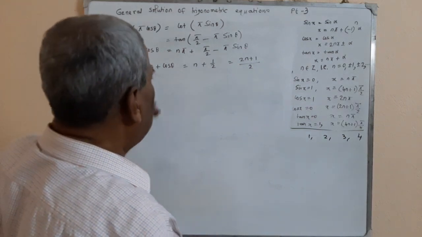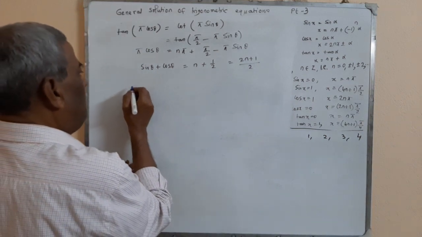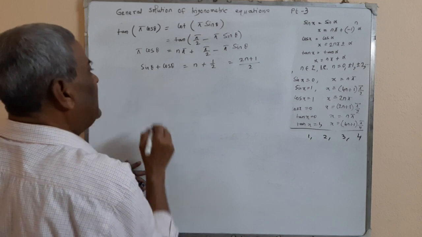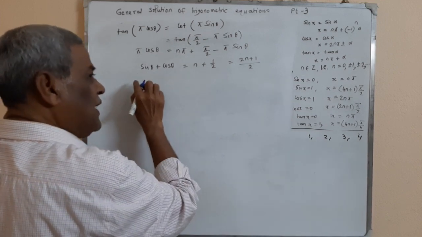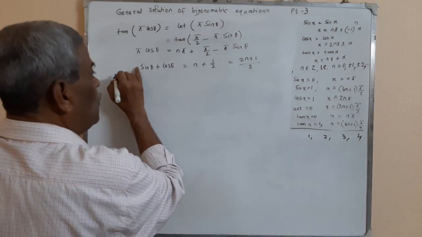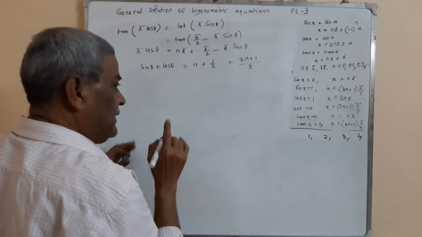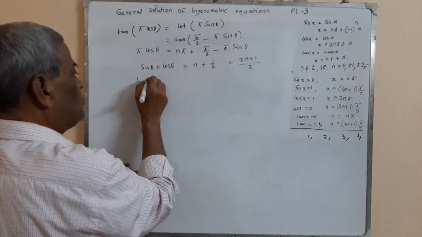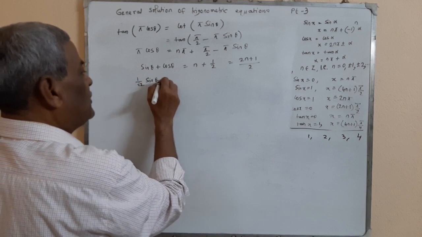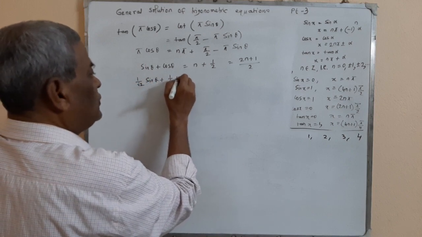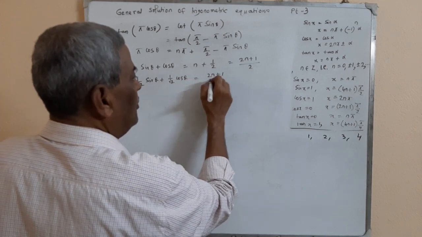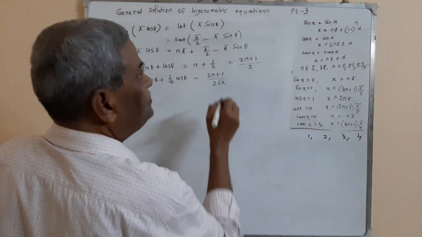Now, its solution actually, dividing both sides by root over of 1 square plus 1 square, that is by root 2. So 1 by root 2 sin theta plus 1 by root 2 cos theta is equal to 2n plus 1 by 2 root 2.